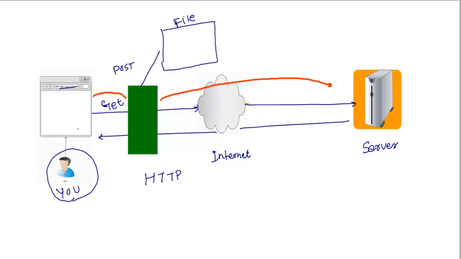So two more things. It writes to a file, and this program sits between the browser and the internet, and this program is called the Virtual User Generator.